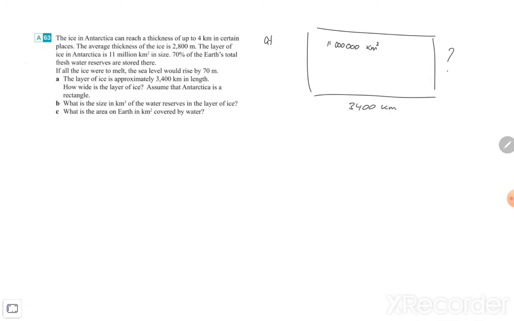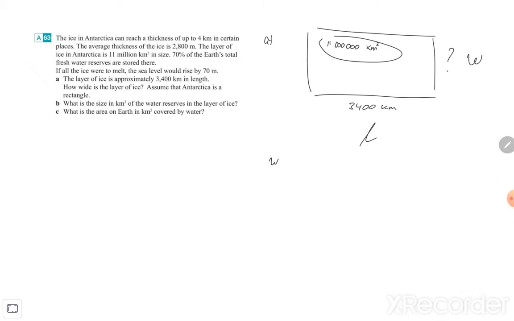And the question is, what is the width of the layer? Now, to calculate the area, we need to do length times the width. So right here, we need to know what the width is.